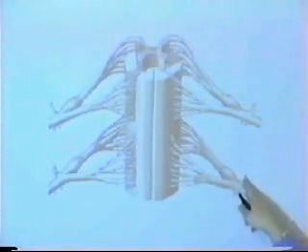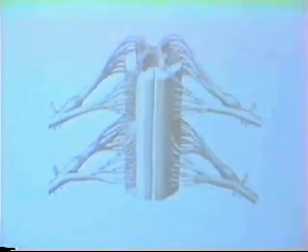Now, you'll notice that the posterior ramus is much smaller than the anterior ramus, and that's always the case because there are far fewer things that get innervated by posterior rami. So it's useful to simply know what does the posterior ramus innervate, and then you'll know that everything else is the anterior ramus.